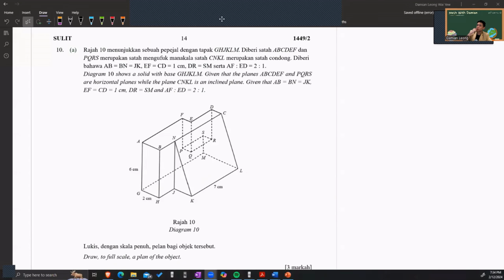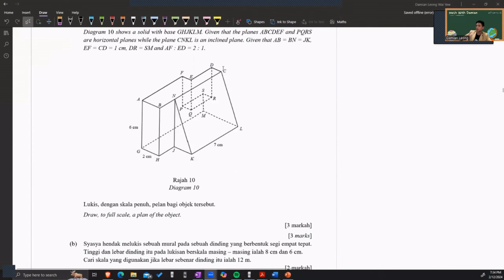So diagram 10 shows a solid with base G, H, J, K, L, M. So AB equals BN. AB, BN means here also 2 cm. JK also same, 2 cm. EF equals CD equals 1 cm. So here 1 cm, here also 1 cm. DR equals SM.